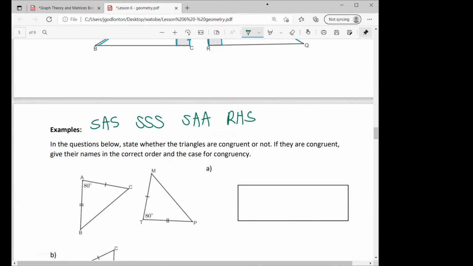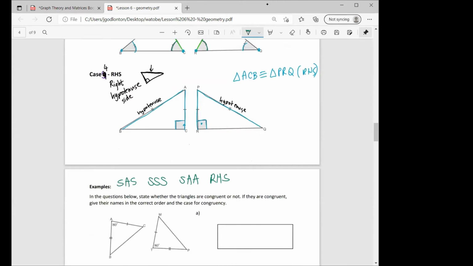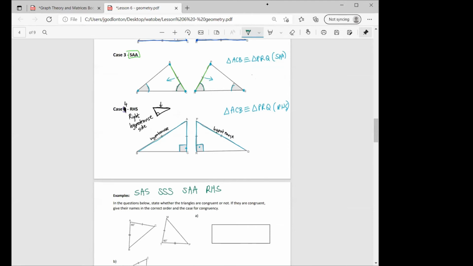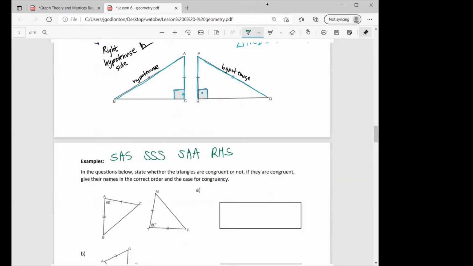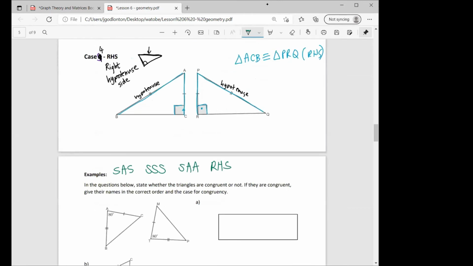Okay, so for this first one, I can scroll up. I hope that's enough. Might make it a little bit small, but just do your best. Oh, to the right angle. Okay, great. That makes it a bit easier for me. Okay, so I want you to tell me which 2 triangles, write them in the correct order, and then tell me which one of those reasons we would use to say that they are congruent.